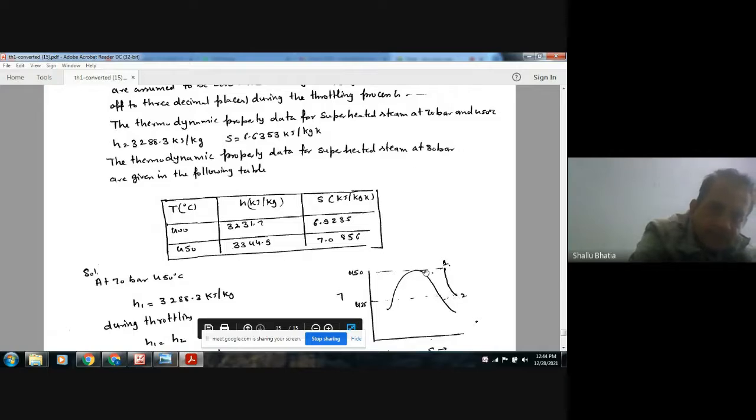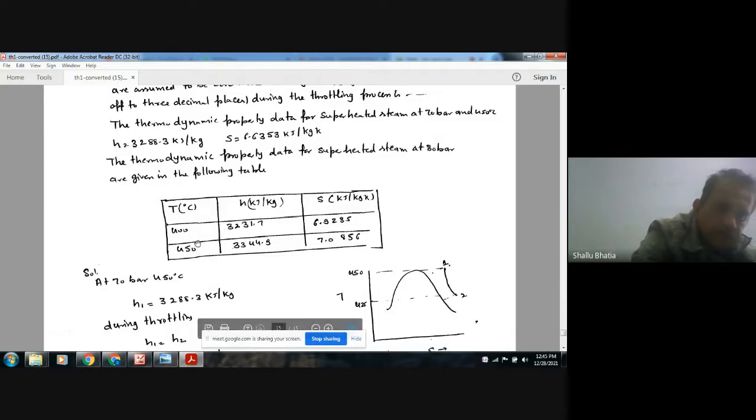When the throttling process is performed, the enthalpy remains constant. So the enthalpy at 70 bar and 450 Celsius, H1, is 3328.3 kilojoule per kilogram.